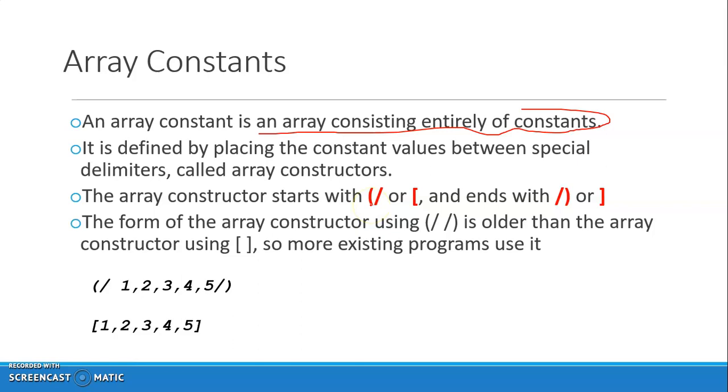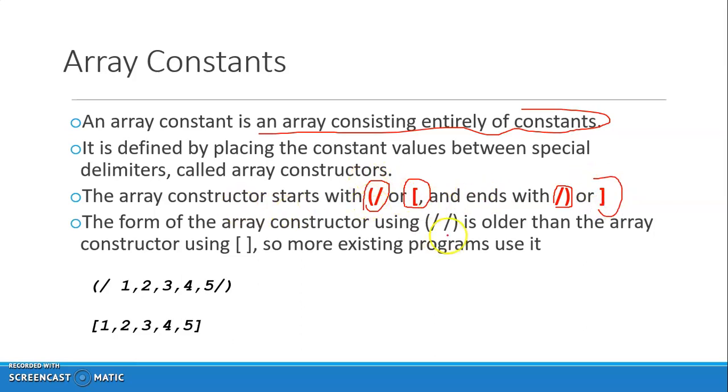We have 2 types of them. The first one uses bracket and slash as the opening part of the delimiter, and slash and bracket as the closing part. Or you can just use opening and closing square brackets.